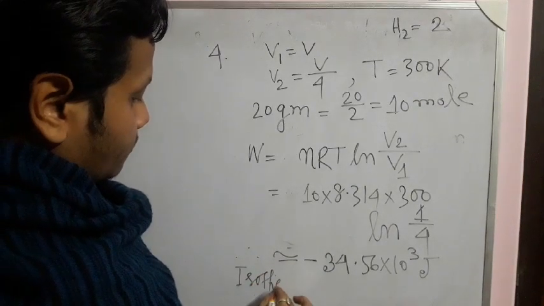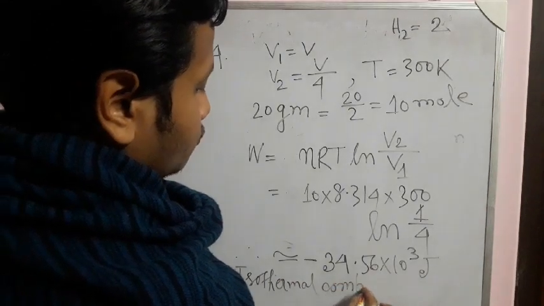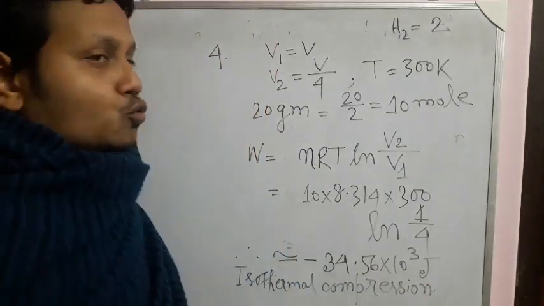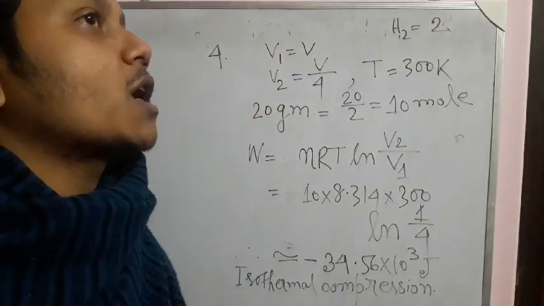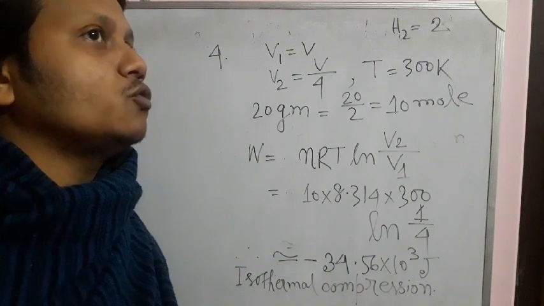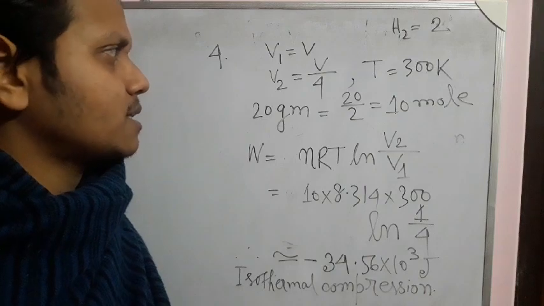So in today's lecture I did a few numericals related to the first law of thermodynamics. In our next class I will do again a few numericals related to Carnot engine and second law.